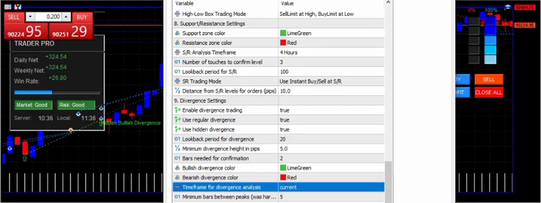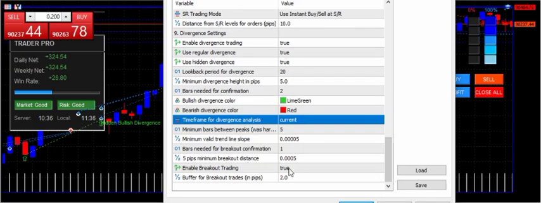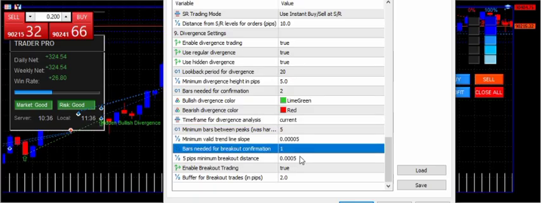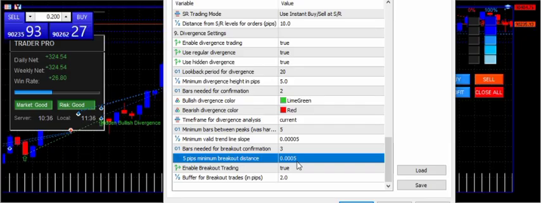Yes. So any other thing here? We have our breakout logic. Leave this default. That's for the trend line. So bars needed to confirm breakouts for the trend line. Is it one bar? How many bars do you want it to confirm? I will always use three if I'm trading with trend line. Let it confirm in order to avoid false breakouts.